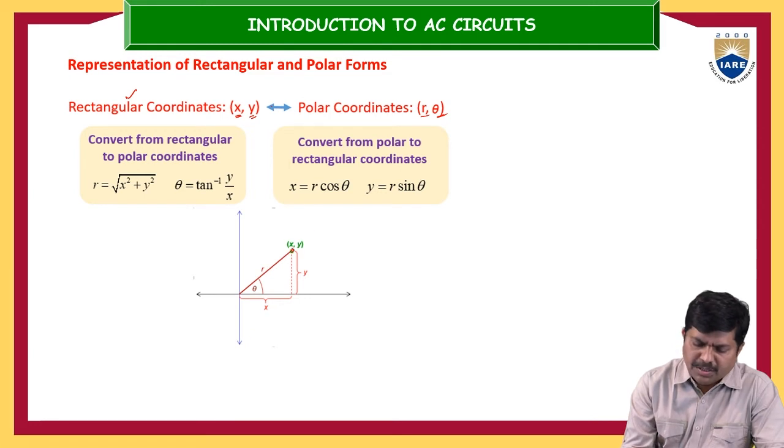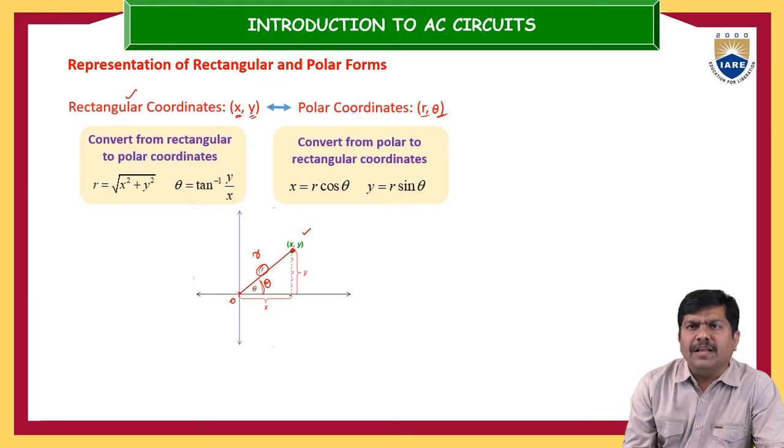Suppose you are representing x comma y and joining this point to the origin. The length of this vector is r, and this vector makes an angle with respect to the x-axis, that is theta.